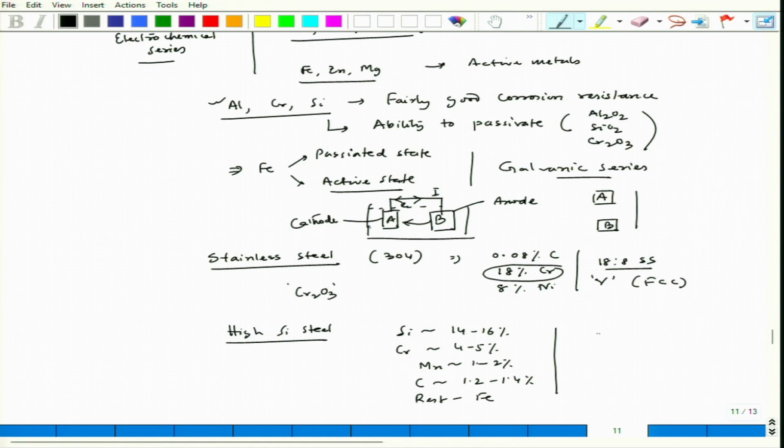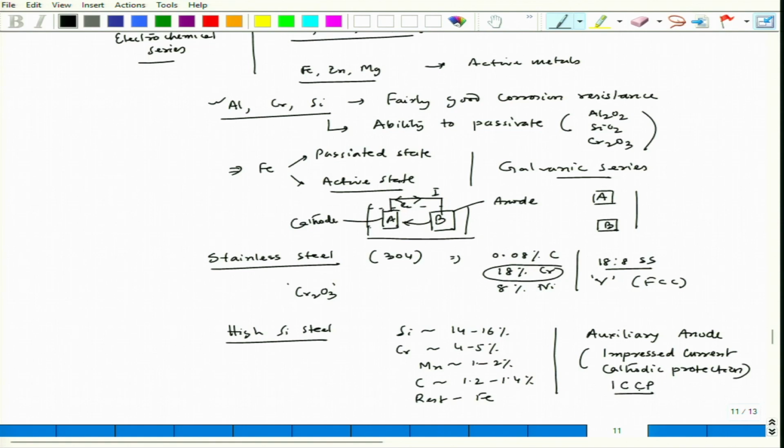The typical use of this high silicon steel is as an auxiliary anode for impressed current cathodic protection. In short, we call it ICCP.